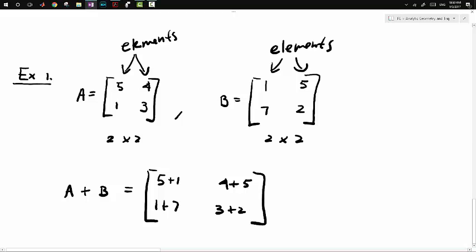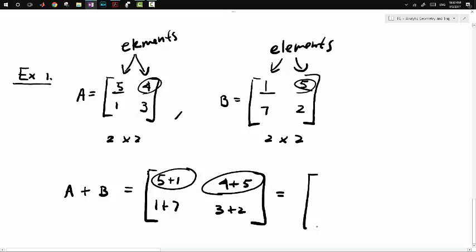And as you can see, this corresponds to the addition of the first row, first column entry, or first row, first column element. And this one corresponds to the first row, second column element, the summation of those two guys. So this will finally equal 6, 9, 8, and 5.